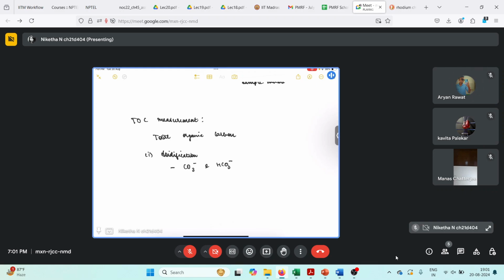So carbonate and bicarbonate will get converted and oxidized to CO2 and it will be removed.